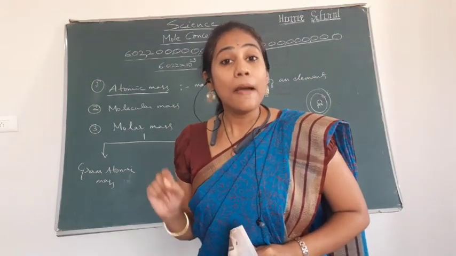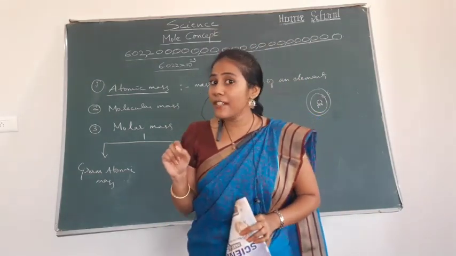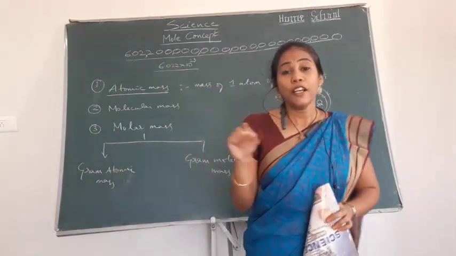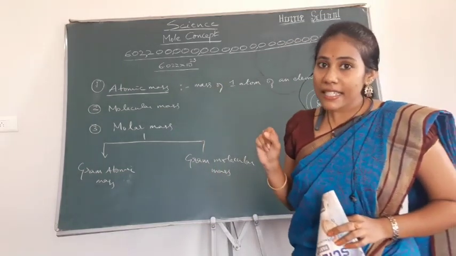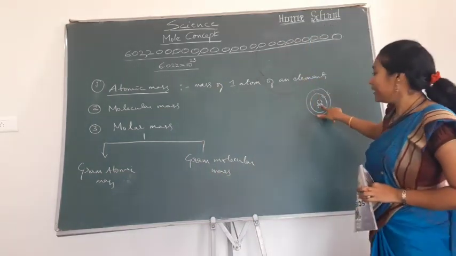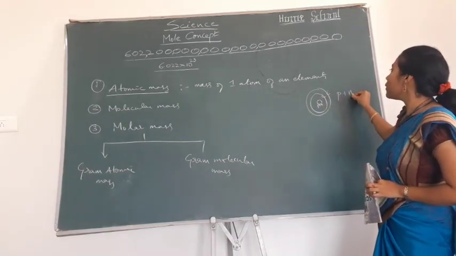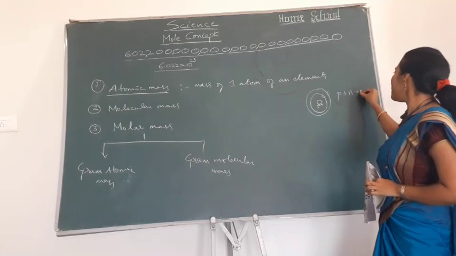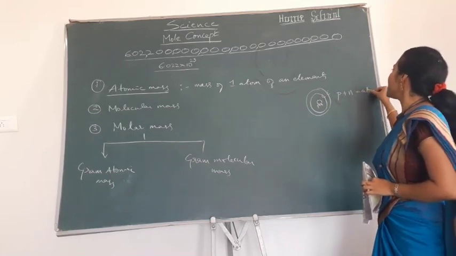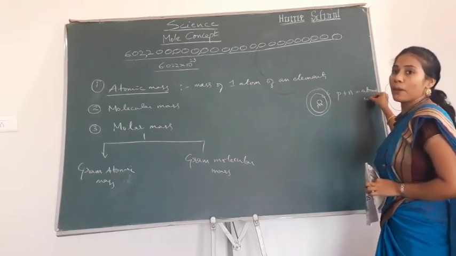Clear, everybody? So the nucleus has neutrons and protons. The number of protons and the number of neutrons together make the atomic mass. This is how we can calculate atomic mass.